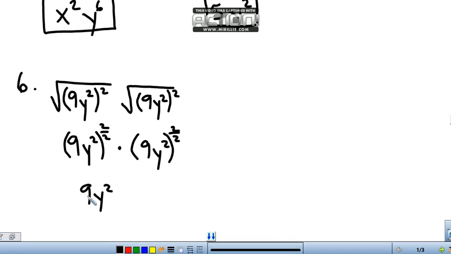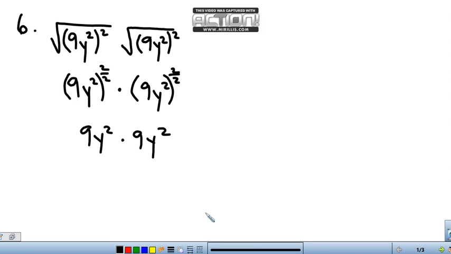So I'm just going to leave it as 9y squared times 9y squared. Okay, simplifying this, let's multiply the 9's together. 9 times 9 is 81. And then y squared times y squared is y to the 4th power. Okay, that's our final answer for number 6.